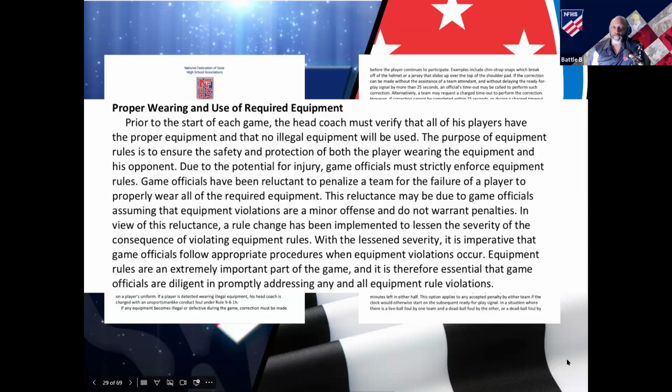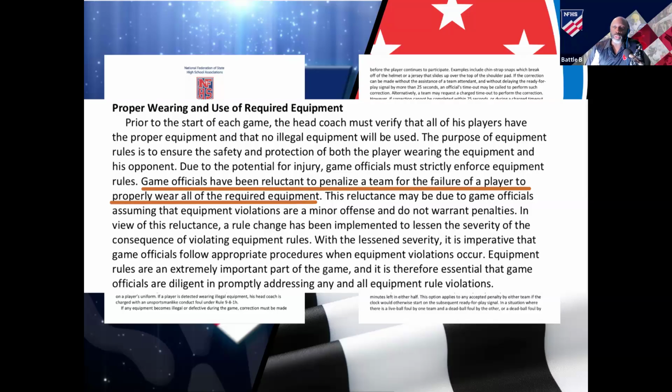The purpose of the equipment rule is to ensure the safety and protection of both the player wearing the equipment and his opponent. Due to the potential for injury, game officials must strictly enforce the equipment rules. Game officials have been reluctant. So this is why the rule changed from 2017 and before to 2018, because officials were not going to throw a 15-yard penalty on a coach or even a 5-yard penalty.